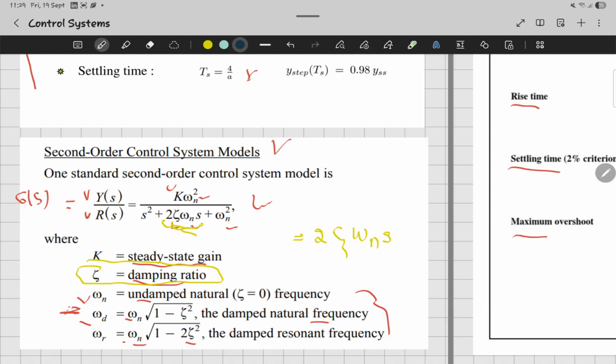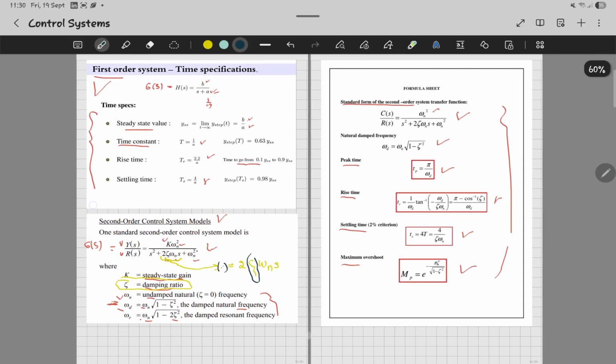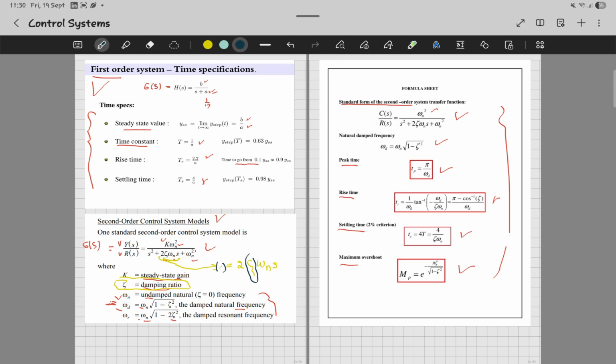So you're going to make it equal to what you find here from your equation. After you get your equation, you're going to put an equality there and then solve for the damping ratio. I will show you that later on. And for the first order, you can only get the time constant, steady state, rising time, settling time.